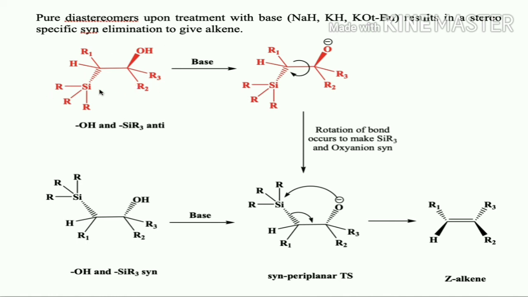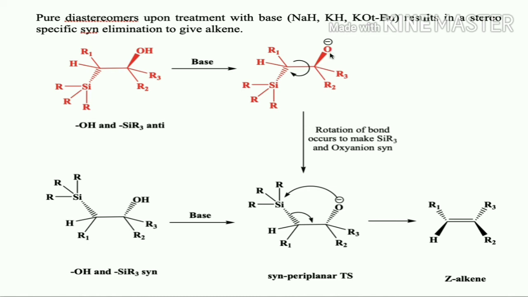So if I take this diastereomer where the OH group and silyl group are anti to each other and treat with base, first it is going to deprotonate and form an anion. This anion does not go through an anti-periplanar transition state. It will undergo rotation of the bond to make the silyl group and oxyanion syn. It has to rotate because silicon has affinity for oxygen.